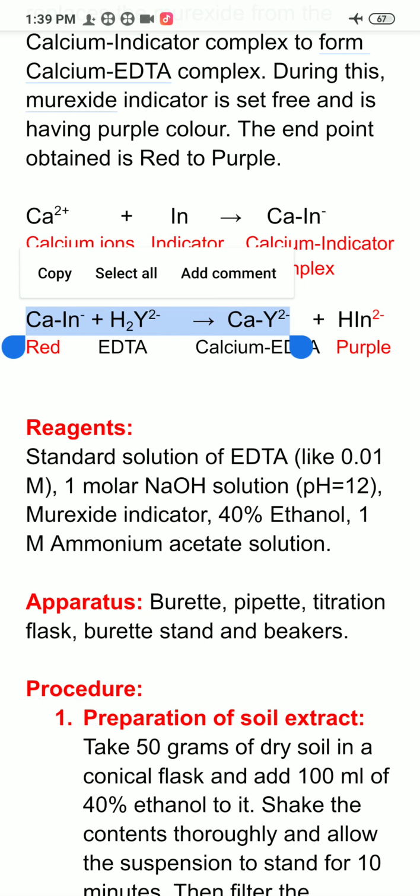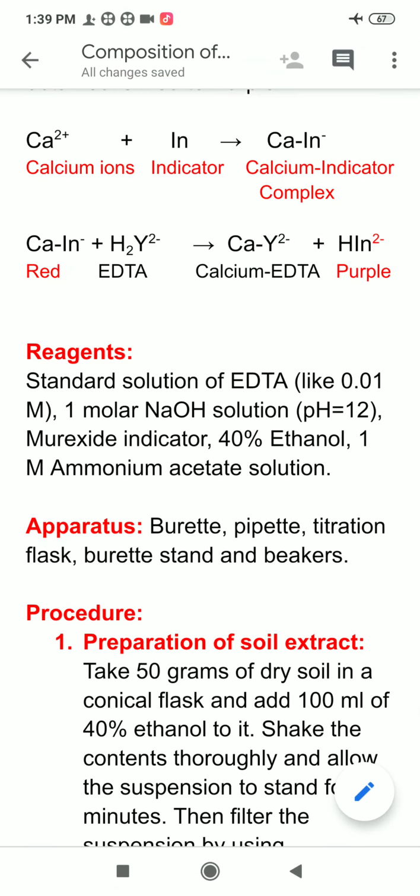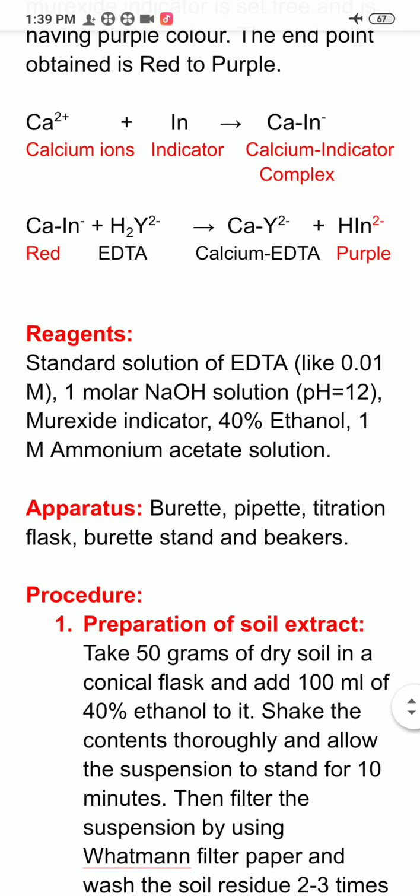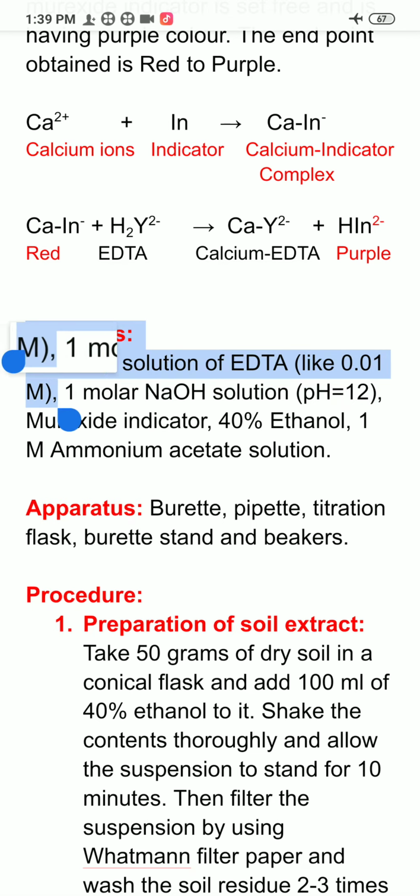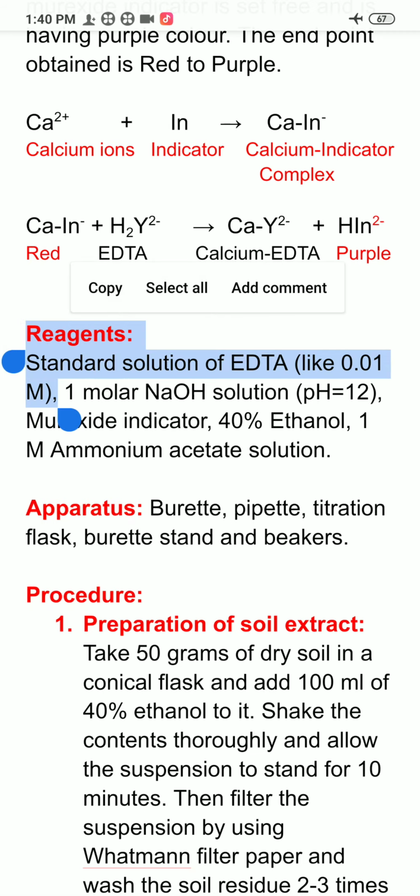Now next is our requirement. What do we require? First is reagents. For the determination of the calcium content of the soil, we need standard solution of EDTA. I told you standard means any solution whose molarity is known. Suppose it is 0.01 molar. We can use solutions of other molarities also, but it should be known, like 0.1.